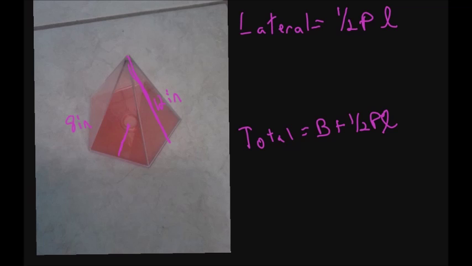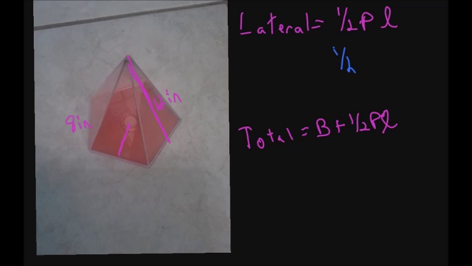Alright, now we got a pentagonal pyramid. So lateral is still 1/2 the perimeter times the lateral height. This time I gave you the lateral height, so we can just start working. We got 1/2, and this is a regular pentagonal pyramid, so all our sides are 8.